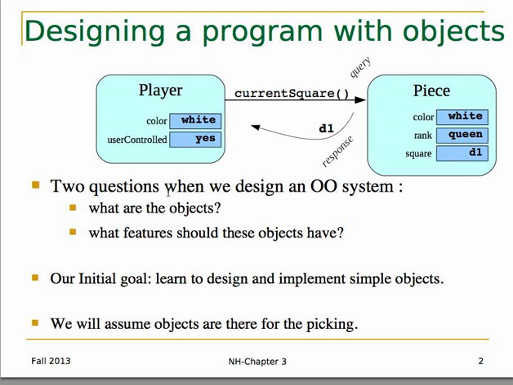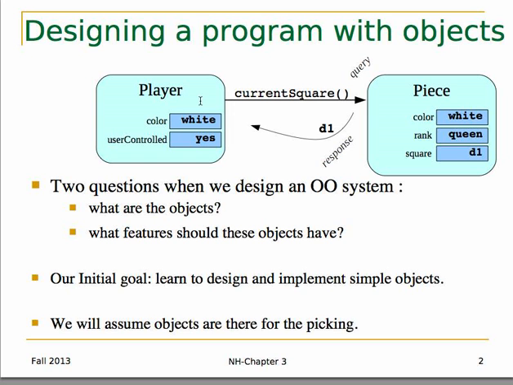There are two questions we ask ourselves when we design an object-oriented system: what should the classes or objects be, and what features should these objects have? When you design a chess game, for example, you think about it for a while and then decide, okay, I need a class for all the 32 pieces, 16 on each side, 8 pawns on each side, then the queen, king, and all that.